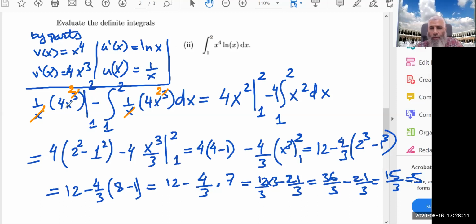The integration, the rule is what? Integration of u dash x multiply v of x equals u of x multiply v of x, minus integration of u multiply v dash x.